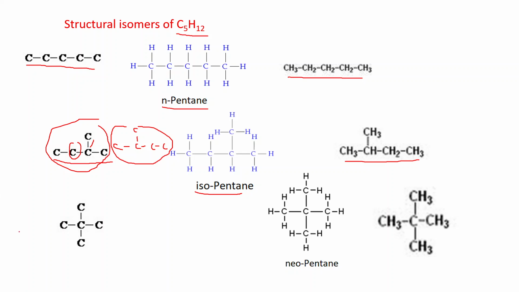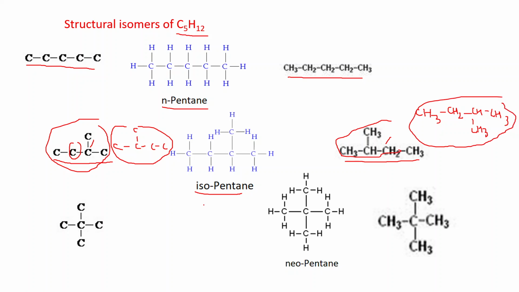And you can also write this in another way. If this branching is on this carbon atom, then this may be CH3, CH2, CH, with the branching on this carbon atom, CH3, and CH3. But again remember, this one and this one are both the same compound, isopentane.